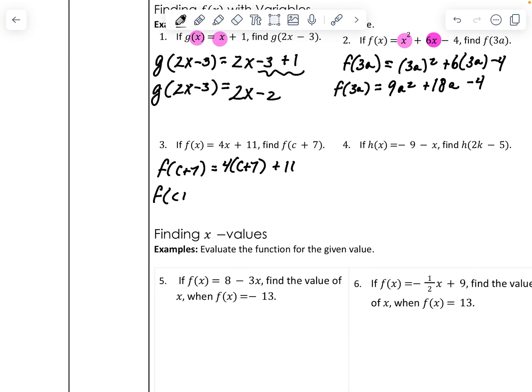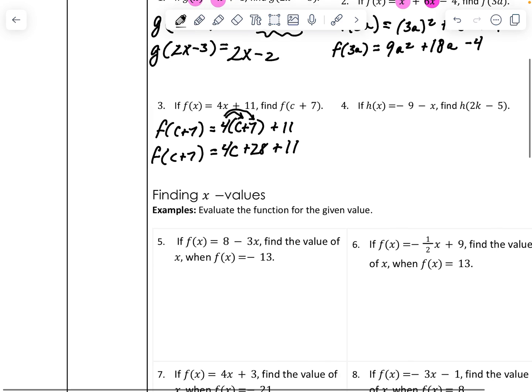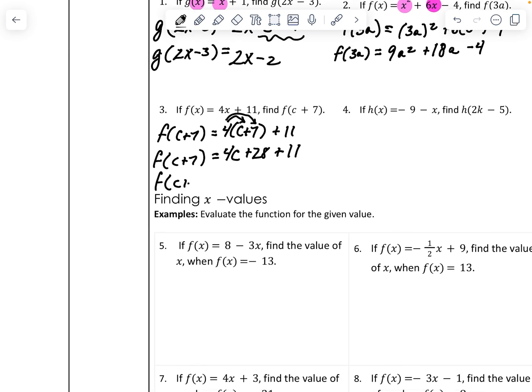So f of c plus 7 equals, I'm going to do my distributive property. So I'm going to multiply here and then here. So I'm going to have 4c plus 28 plus 11. So f of c plus 7 equals 4c plus 39.